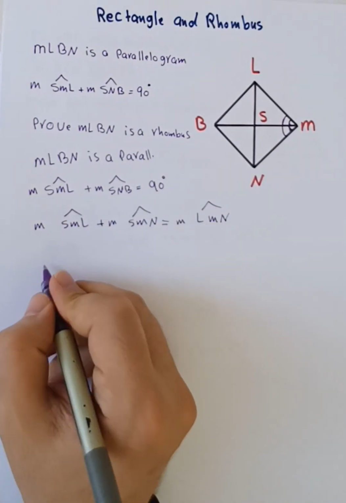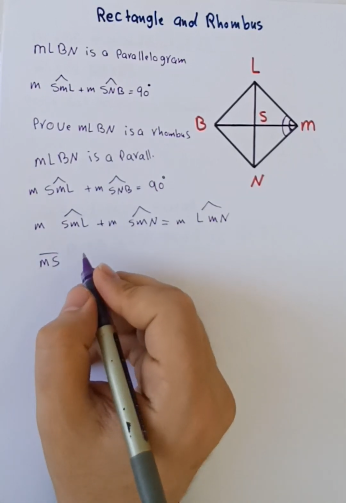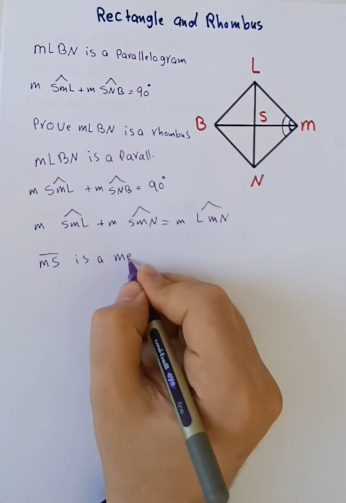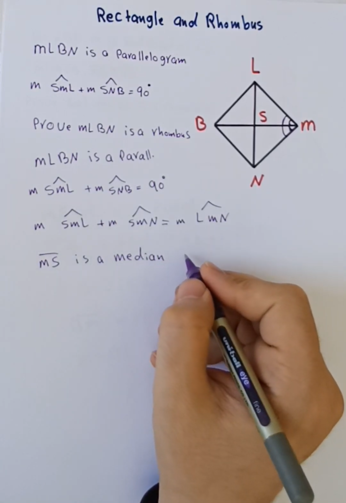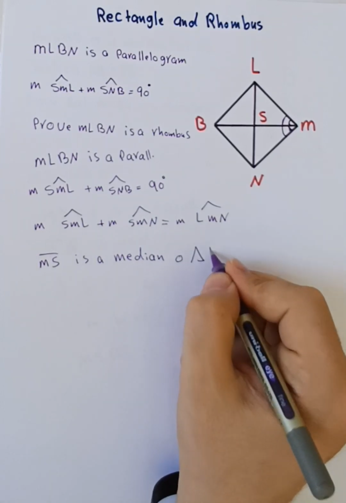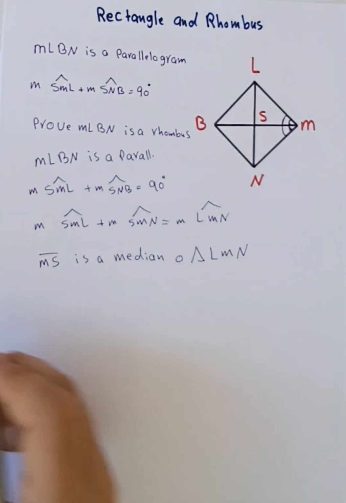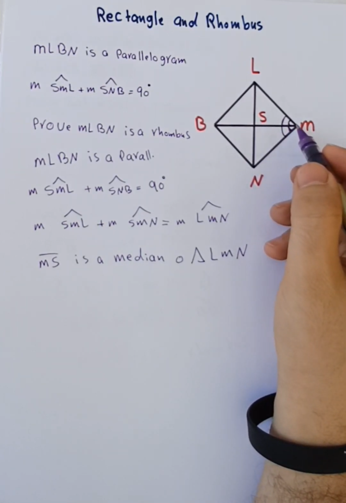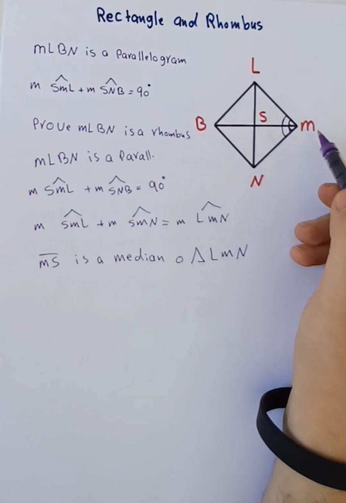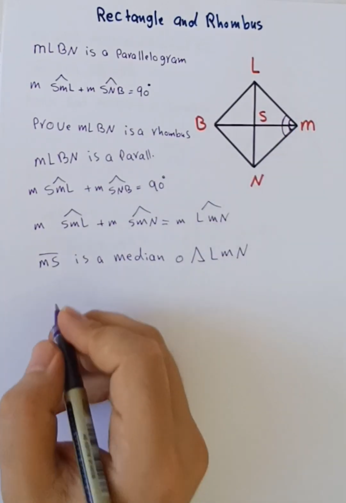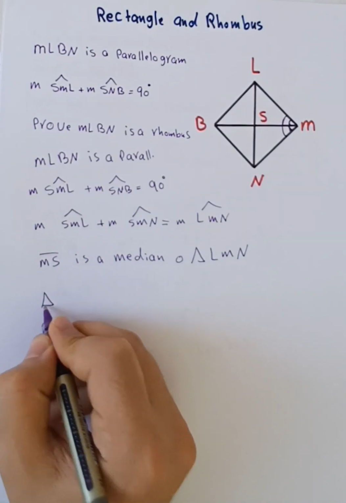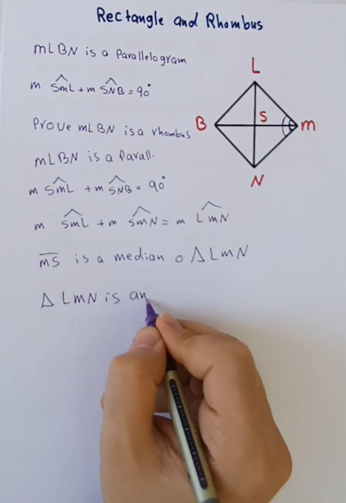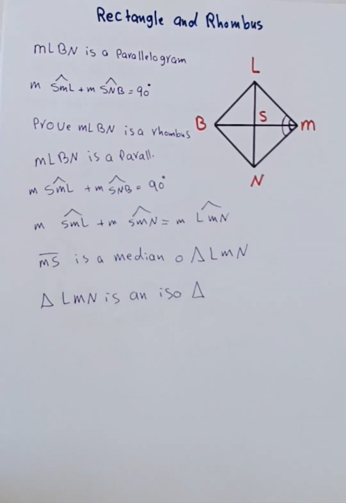So you can say MS is a median of triangle LMN. MS is a median of triangle LMN, this MS. And then you can say triangle LMN is an isosceles triangle.